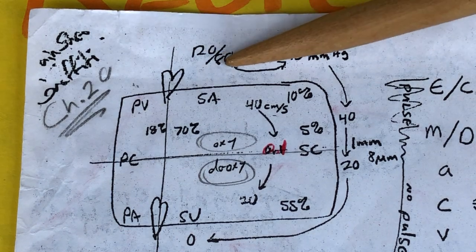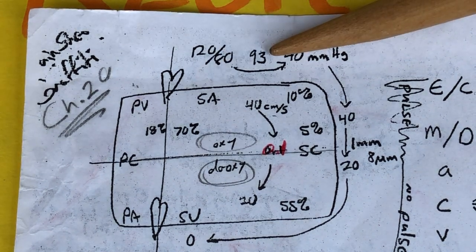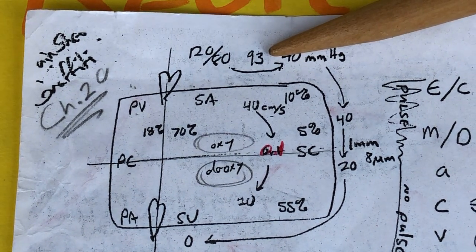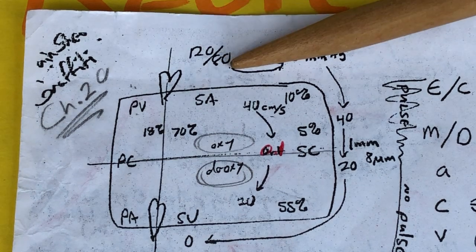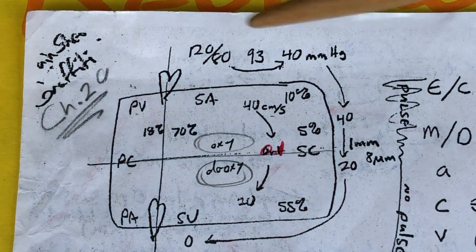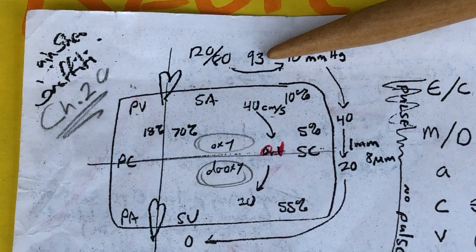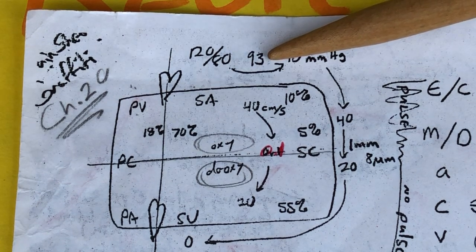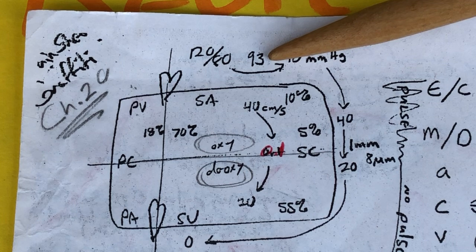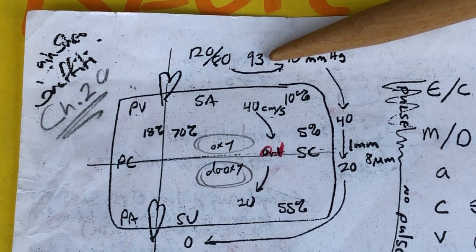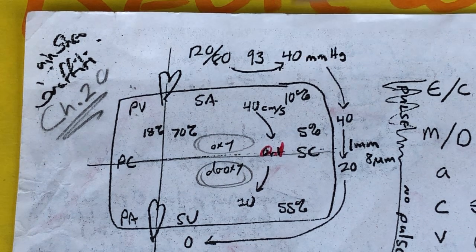Now, with 120 over 80, the mean or average pressure is 93. Now, it's not the top number plus the bottom number divided by 2. There's a formula for it, but this right here represents the mean arterial pressure, 93. And later on, we'll find out that's a quick and easy number to sort of judge circulatory health.